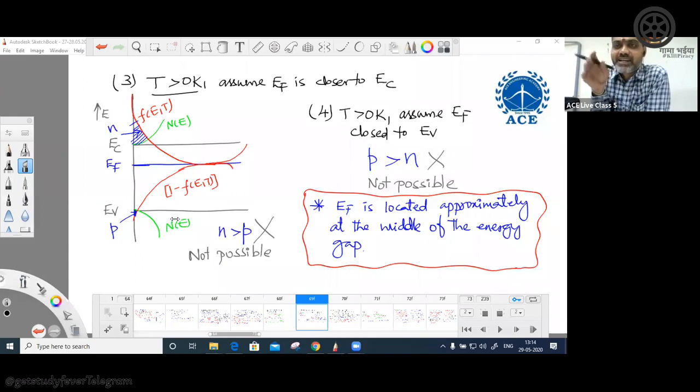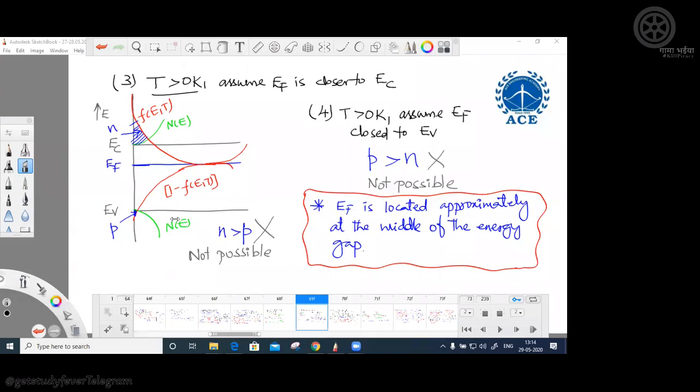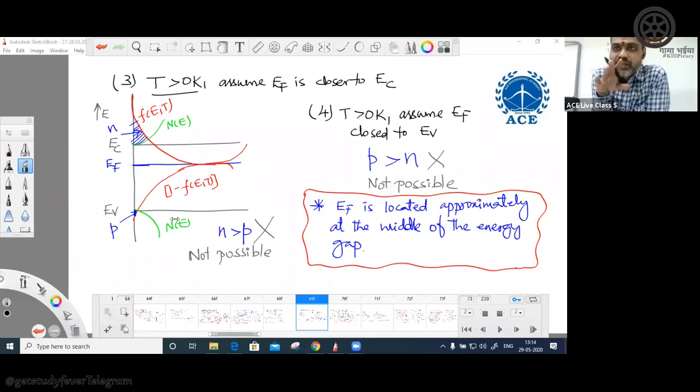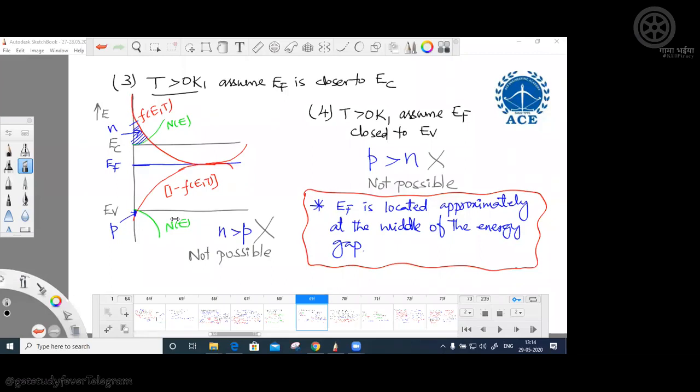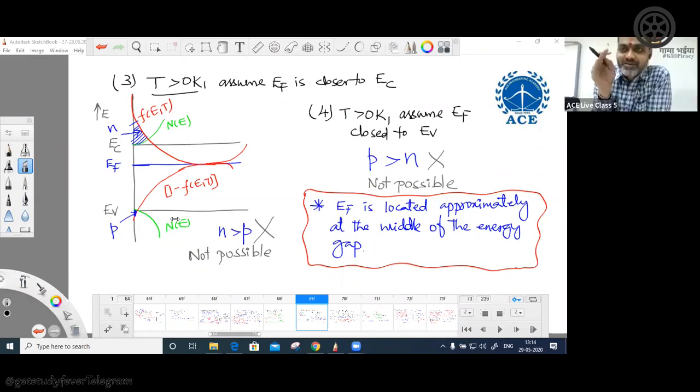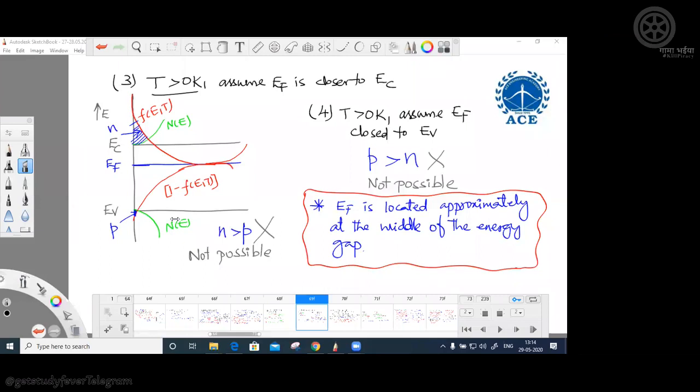If I say probability is 0.5, can you say exactly the electron is going to be present there? Yes or no? You tell me the answer. We cannot say, sir. No, we cannot say.